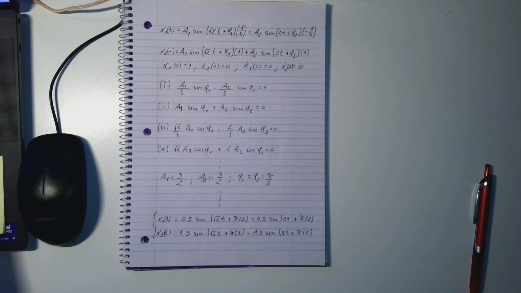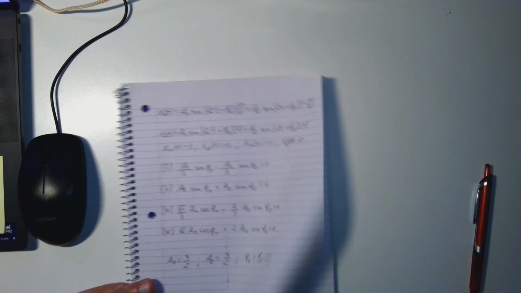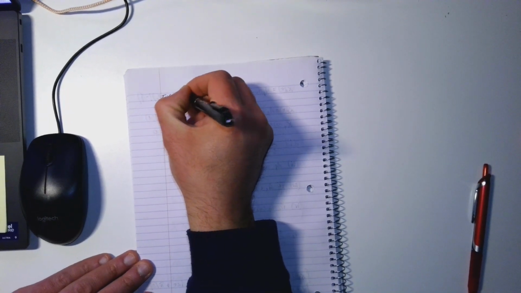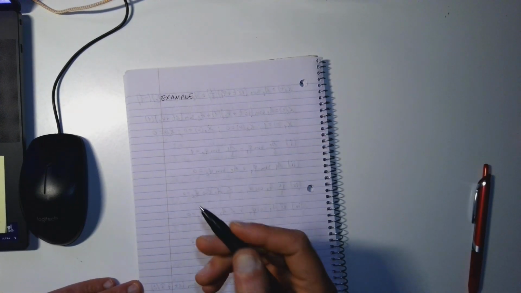Alright, so we can look at an example which is still about a 2 degree of freedom system, but it will be a little bit different at some point, and then we will see how it differs from what we have now. So we can look at an example where we still have 2 masses.